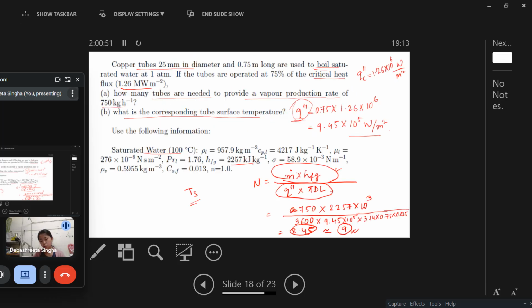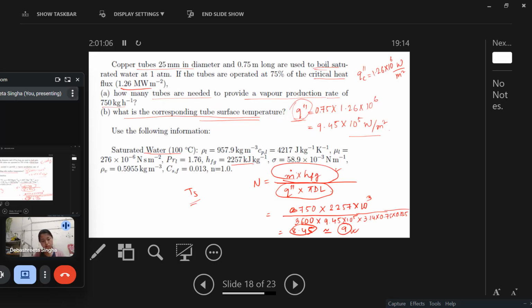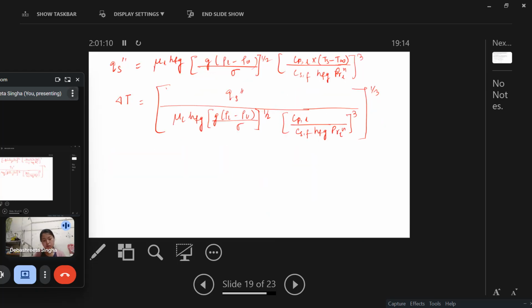Then from here, how do you calculate the tube surface temperature? Now, if we substitute all the values, q_s you know already, and other values also we know, mu_L, h_fg, everything is given, rho_L and all. So if we substitute all this, we get delta T as 19 degrees Celsius.